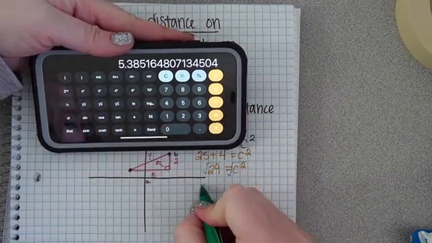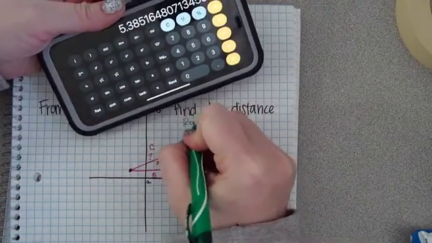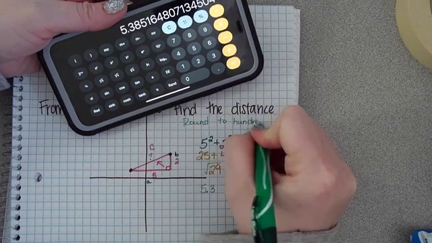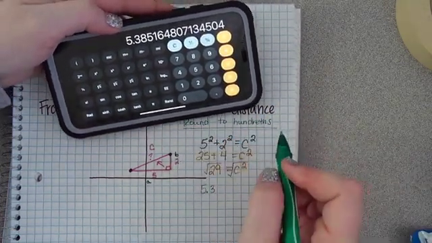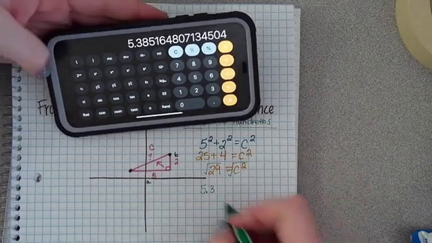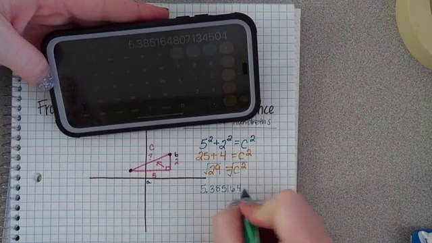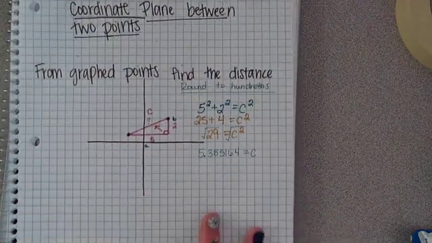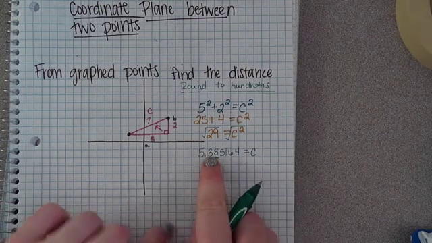And it is 5.3. And this time we're going to round to hundredths, just to review that, because it's not always tenths. Sometimes it's hundredths. So 5.3855164 equals C. If we want to round to the hundredths, that's 2 decimals. So you're going to look at this number as 38.